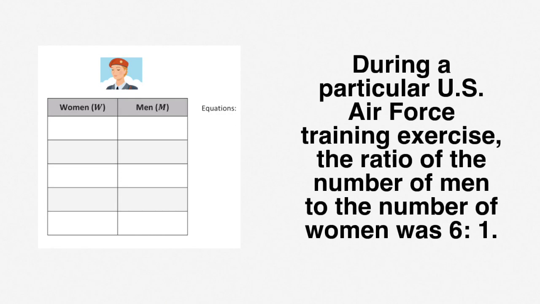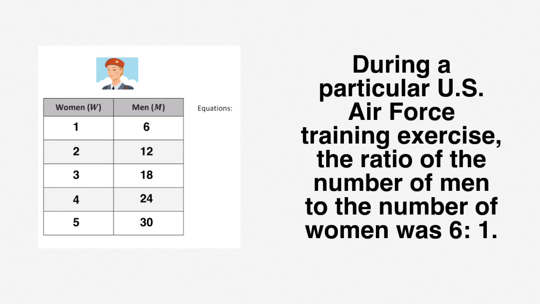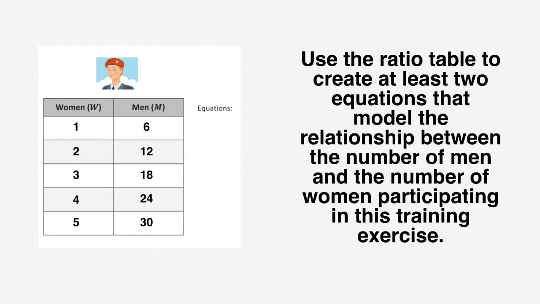Alright, new exercise. During a particular U.S. Air Force training exercise, the ratio of the number of men to the number of women was 6 men to every 1 woman. If we have a table, we fill it out like this: 1 woman to every 6 men, 6 men to every 1 woman. I want you to use all of this information now on your own to create 2 different equations that show the relationship between men and women.